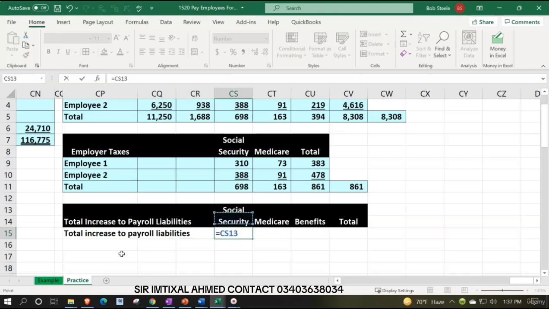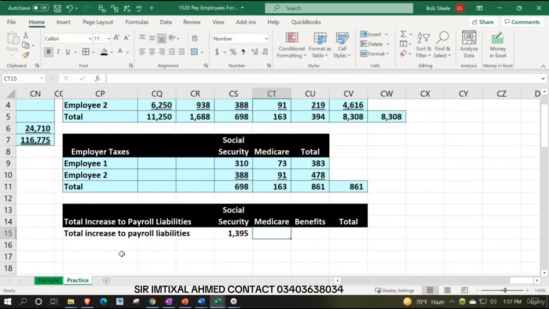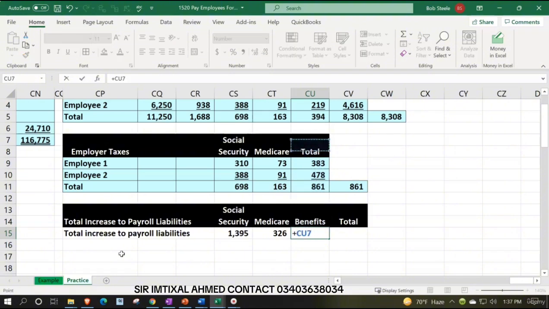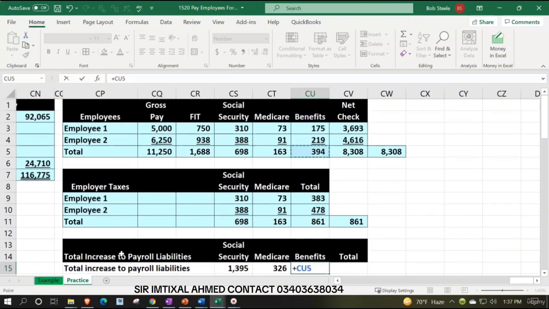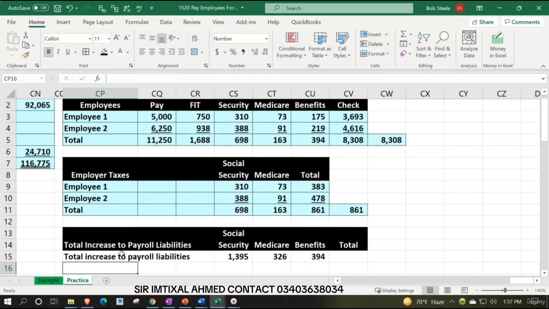So it would be the employer and employee portion now of the Social Security is what we're going to owe to the government after we take it from the employee and have our portion. Same with the Medicare. So we had to double that up. And then the benefits are just the benefits that we took out of their check that we're going to have to pay as well.